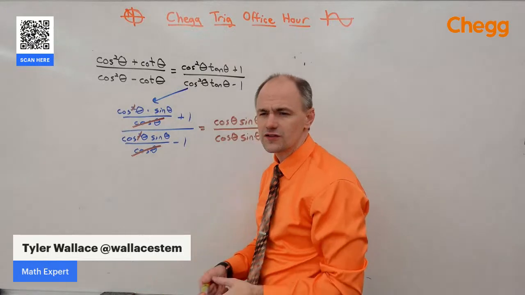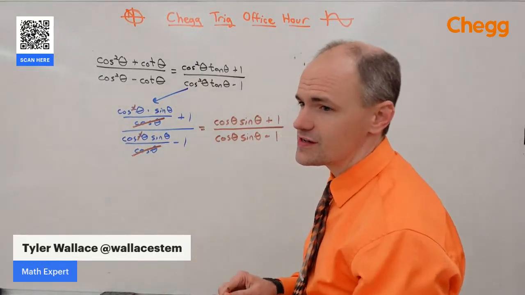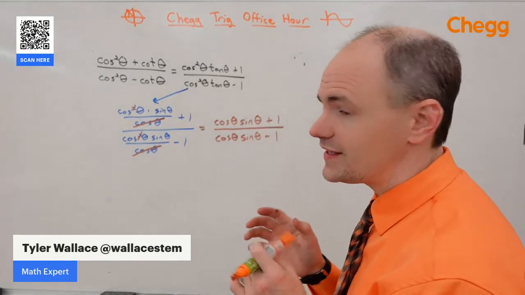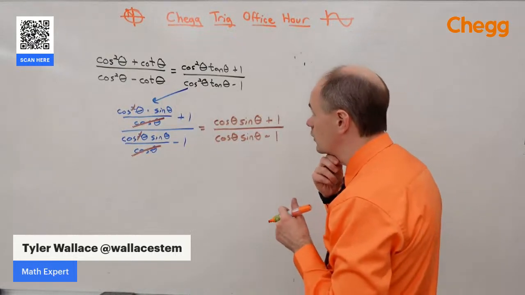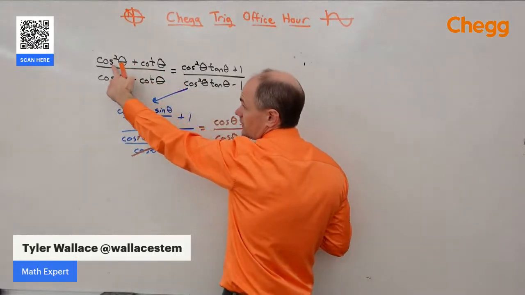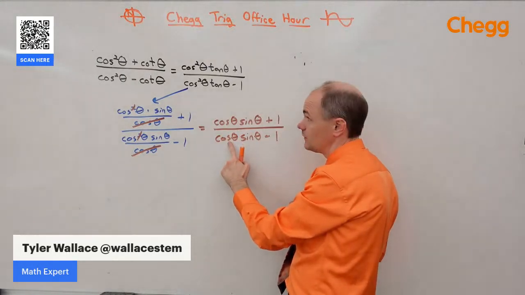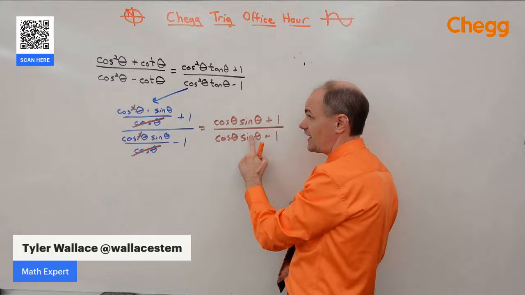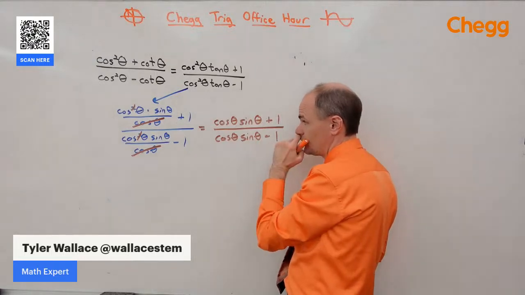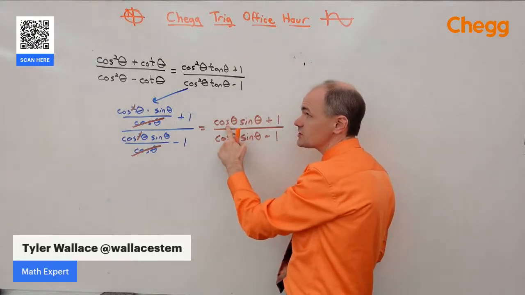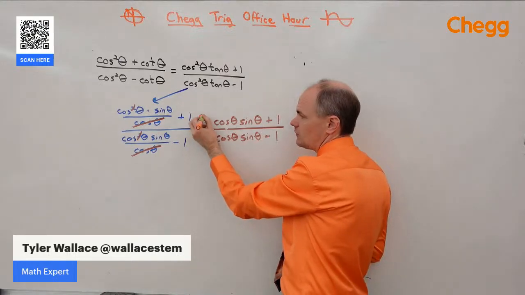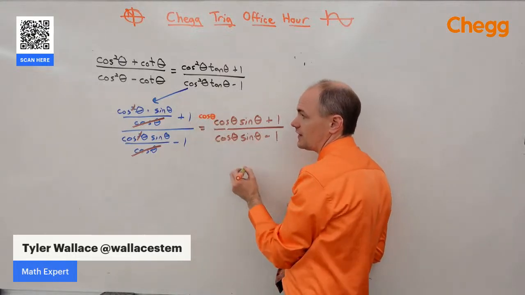All right, now here's where this one gets tricky. Let's see if we can be clever and come up with what we really need to do to fix this. We want to have a cosine squared. We have a cosine. We don't want to have the sines. So I could get cosine squared by multiplying by another cosine of theta.